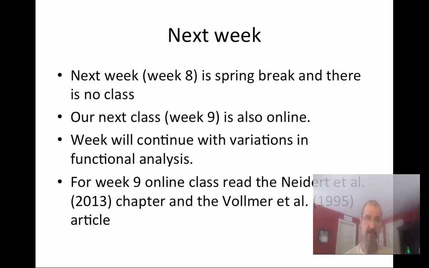And Vollmer's article is what I consider a classic, again, in 1995. I'm surprised that it's not cited that much, although Neidert does cite it. And what it does is it sort of establishes a rubric, if you will, for moving from very brief and simple kinds of assessments to the traditional, if you will, full functional analysis.